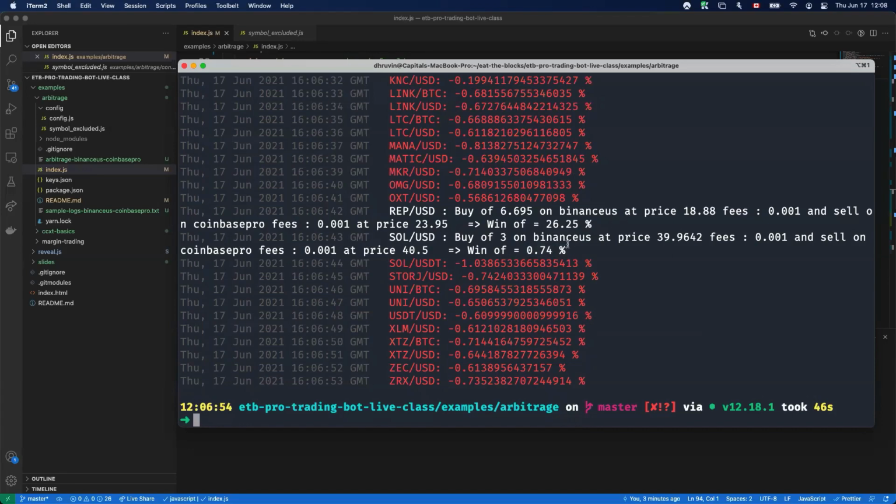So if it's greater than 0.6%, because there are trading fees on some exchanges, around 0.5%, and if there is slippage happening, then 0.74% is the profit that we're going to make if you do the arbitrage right now.